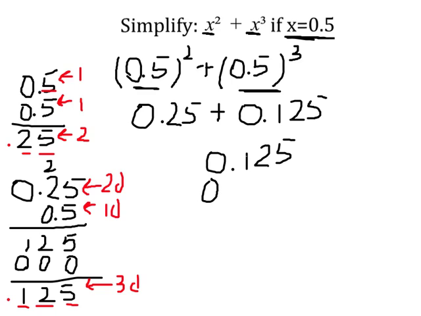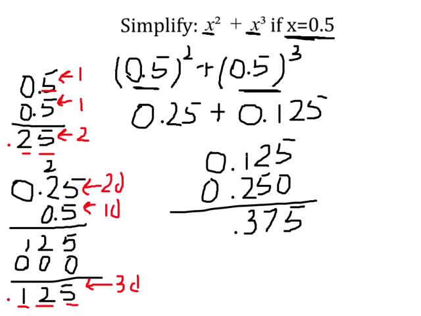So I need to line up my decimal, and then I'll add. I'll add in my 0 as a place filler. 5 plus 0 is 5, 2 plus 5 is 7, 1 plus 2 is 3, decimal, and 0. So my final answer, now that I've substituted and simplified, is 375 thousandths.